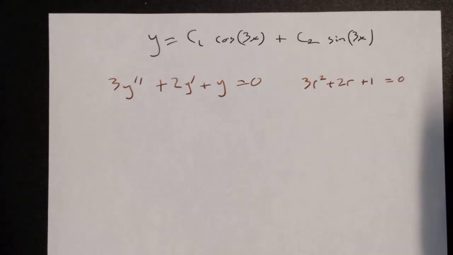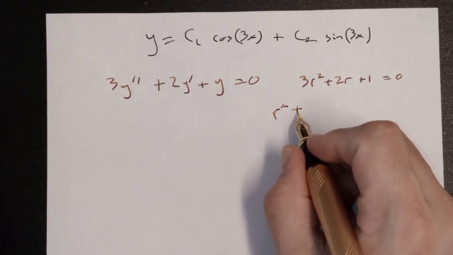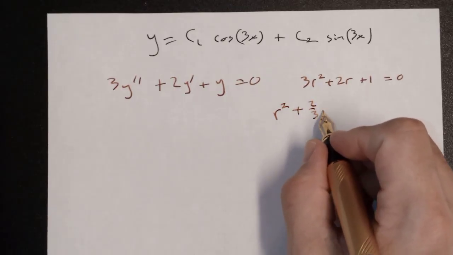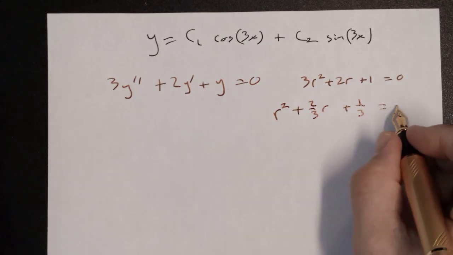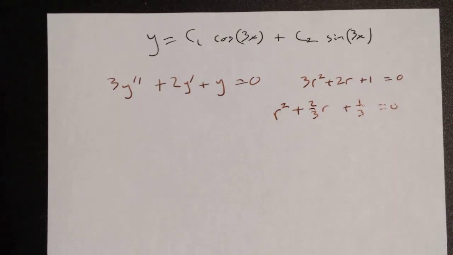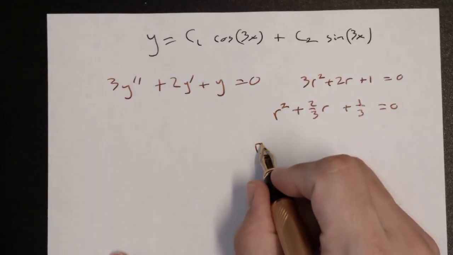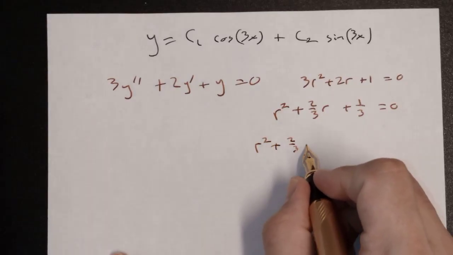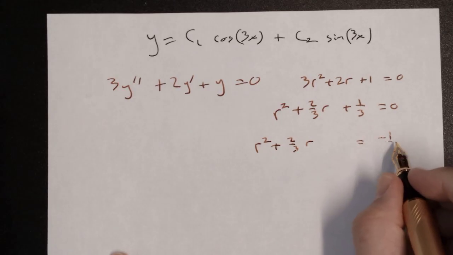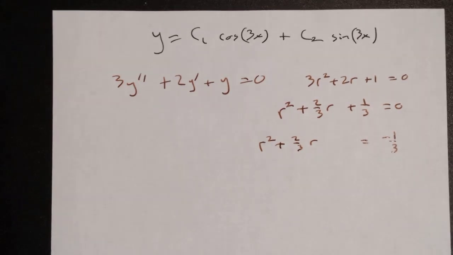First thing I do is divide by 3. And I take the 1/3 and I put it on the other side. Now, when you do completing the square, you take half the number in the middle and square it. What's half the number in the middle?